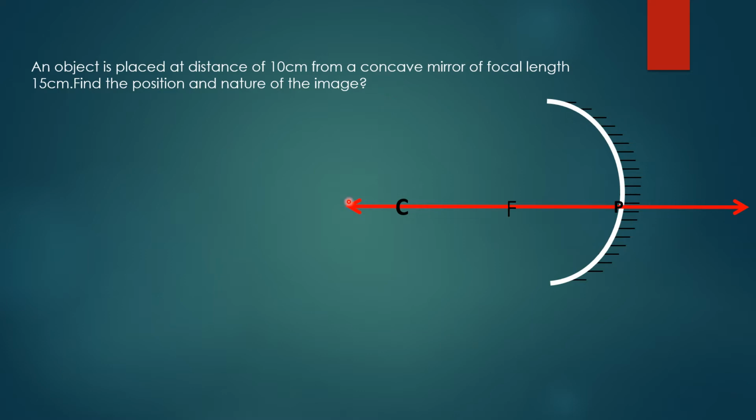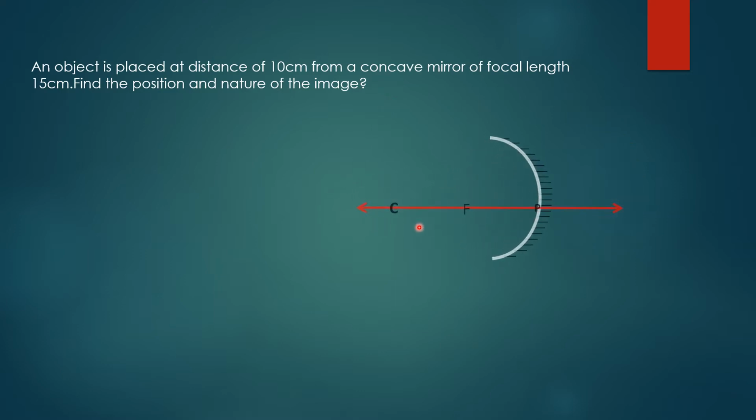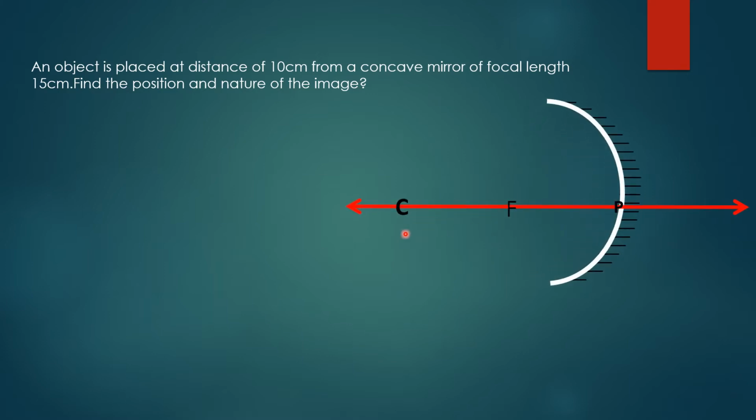Whenever this type of problem is given, first try to draw the diagram. Given that the mirror is a concave mirror and the object is placed at a distance of 10 centimeters, and the focal length of the mirror is 15 centimeters.